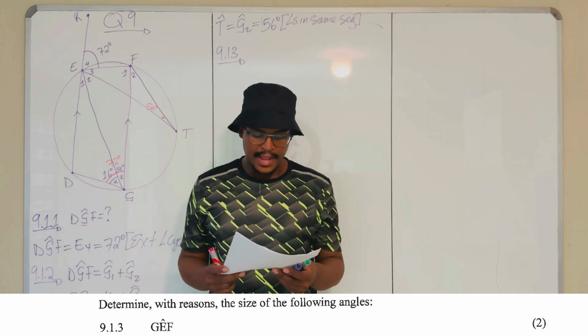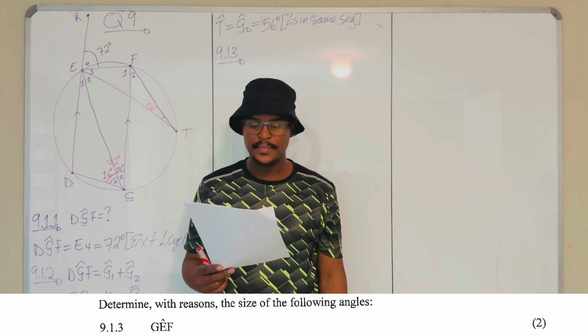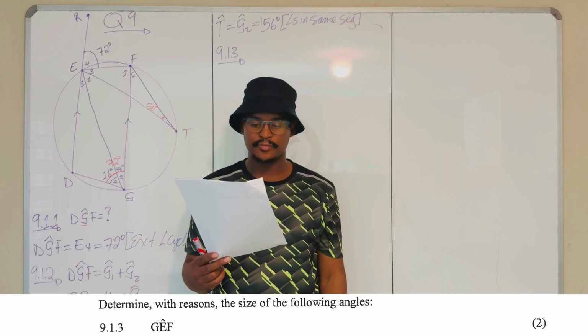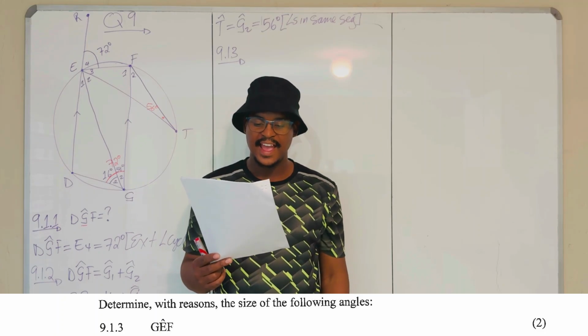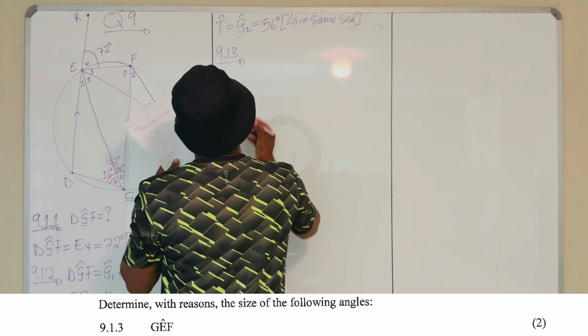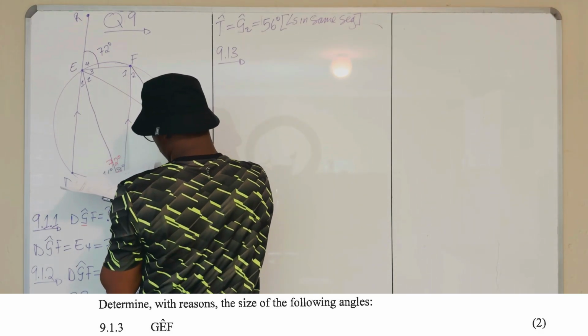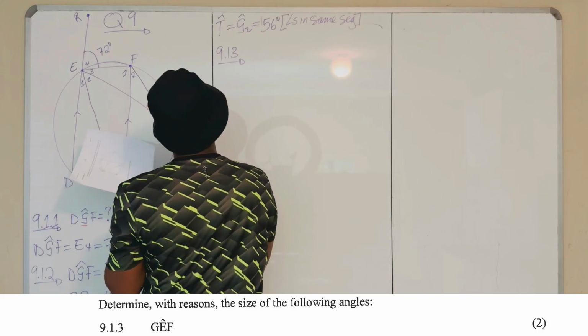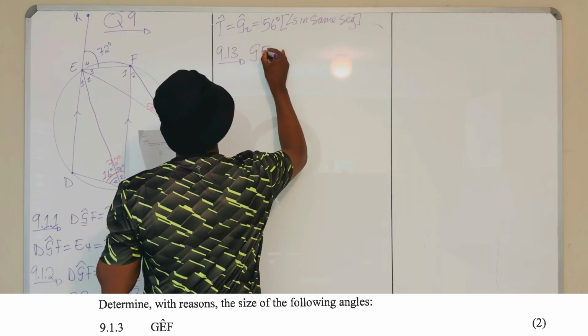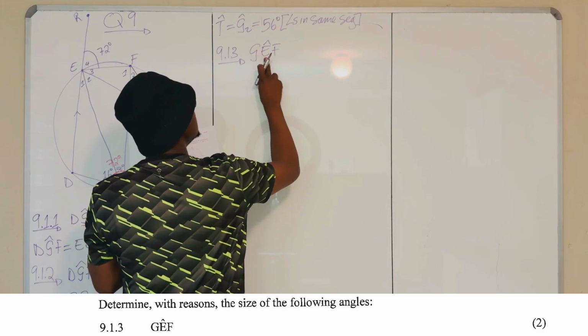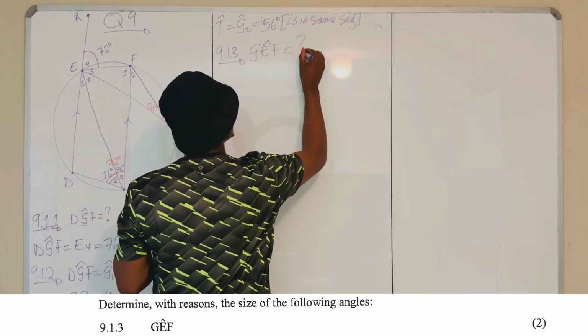So, at 9.1.3, they are saying determine, giving reasons, the size of angle E, which is the angle formed by line segment GE and EF. So they want you to find angle E, right? This is the angle that they're looking for.